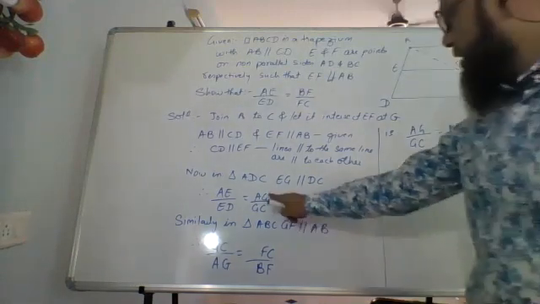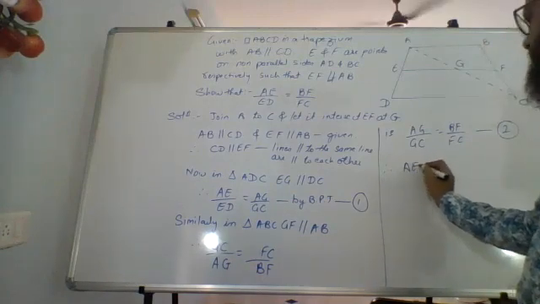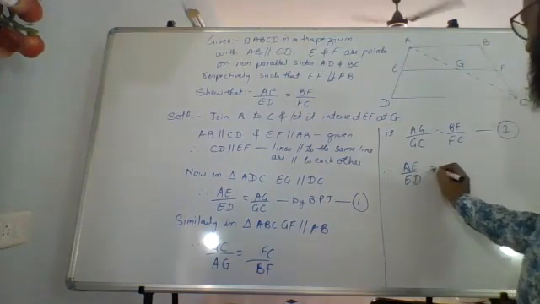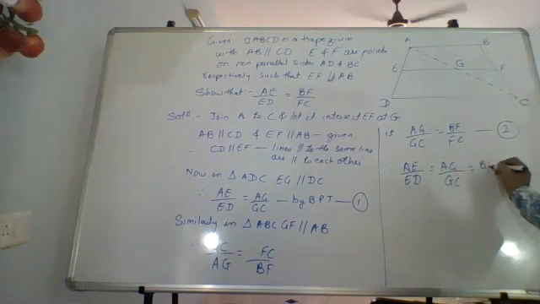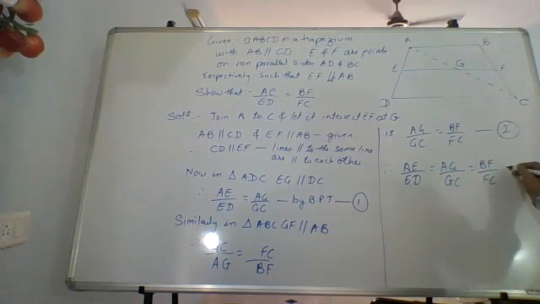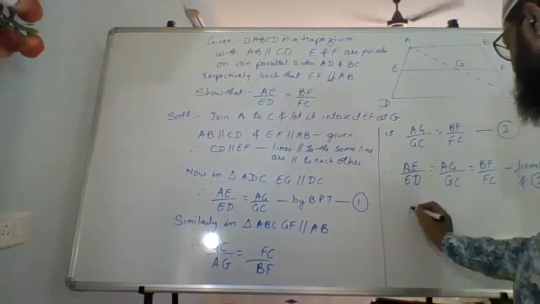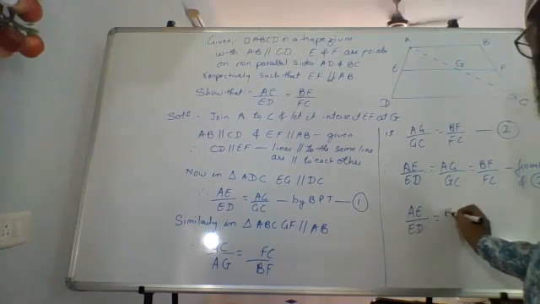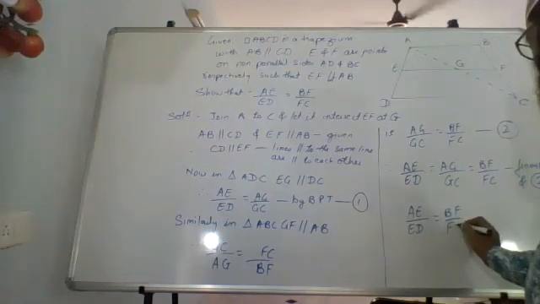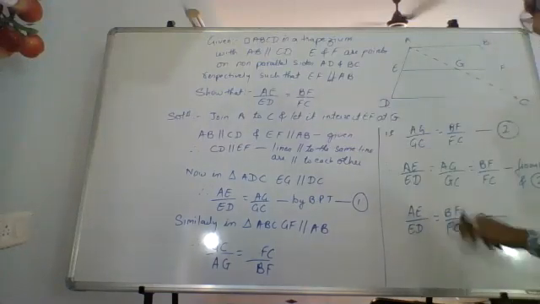Now you'll see AG upon GC appears in both. Therefore, AE upon ED equals AG upon GC equals BF upon FC, from 1 and 2. So AE upon ED equals BF upon FC.